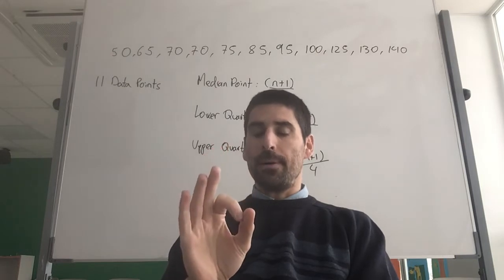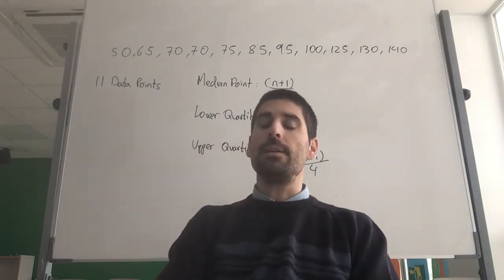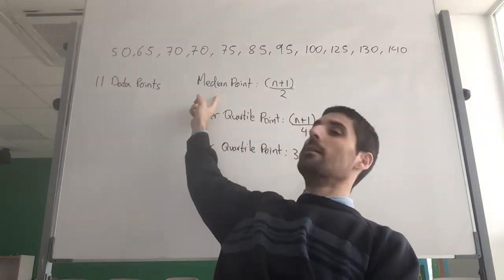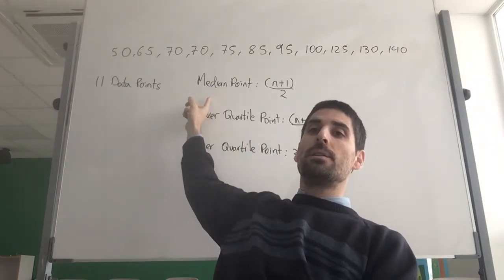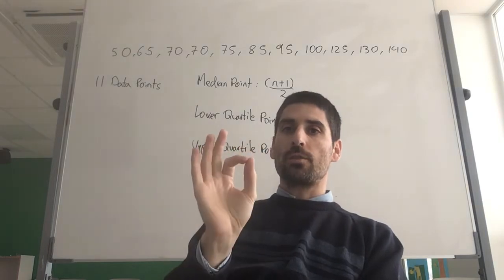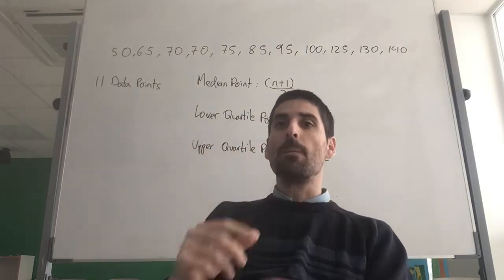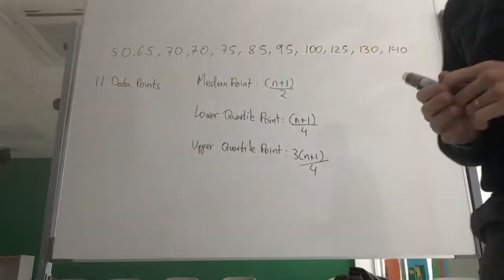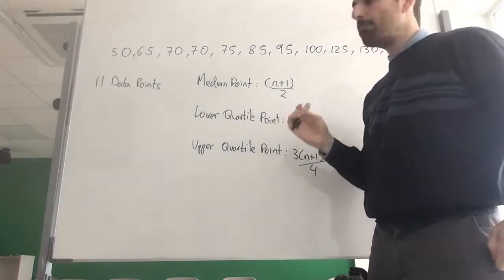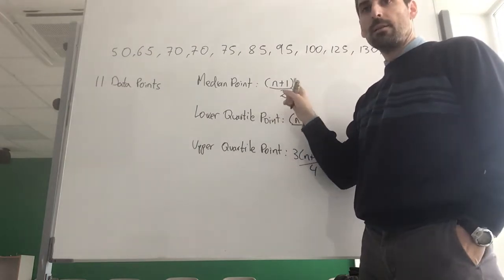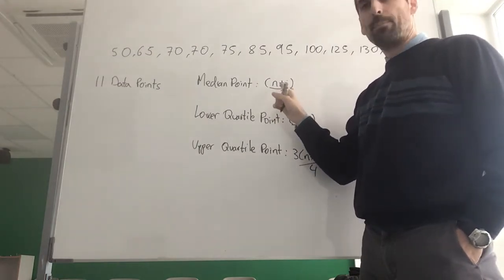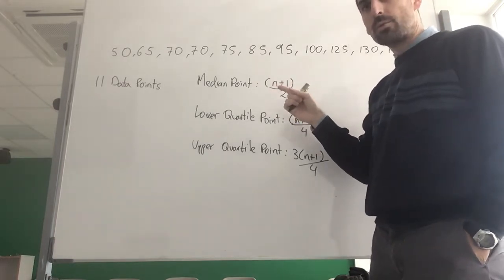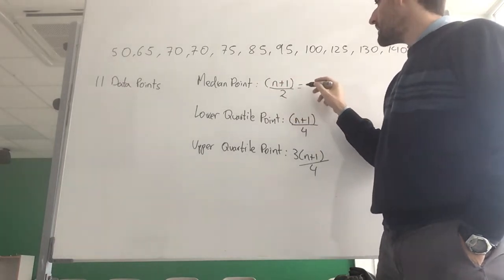Now, if you remember, we did this before the holidays. To find the median point, you do total numbers, so how many numbers have I got, plus 1, divided by 2. The total number of data points is 11, plus 1 is 12, divided by 2 is 6.